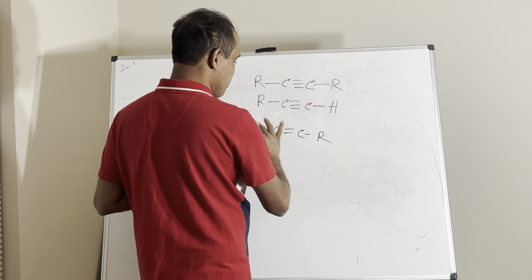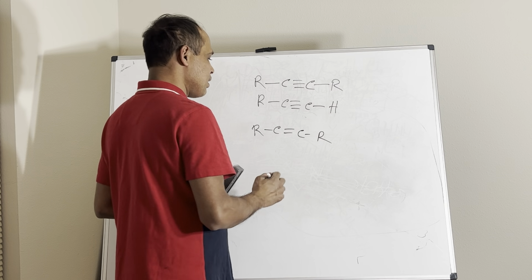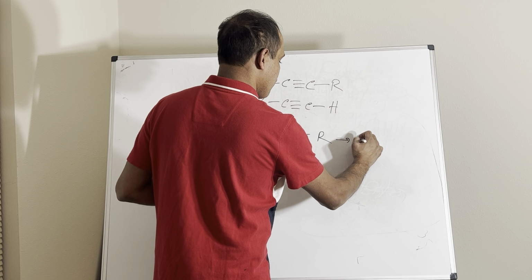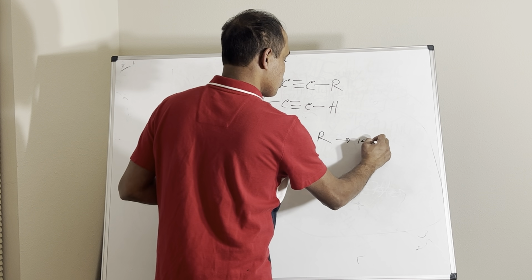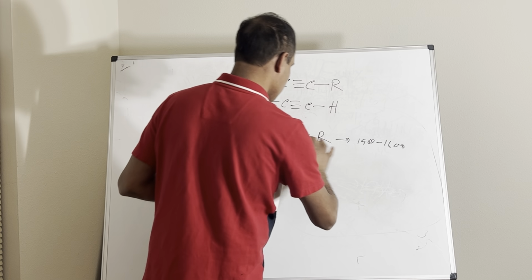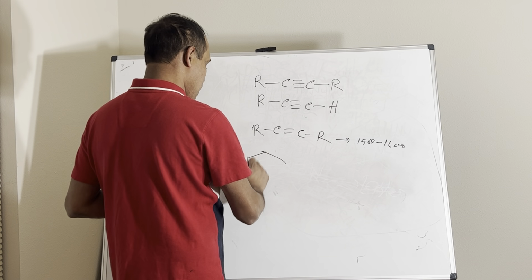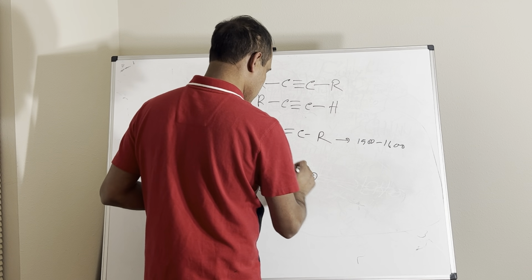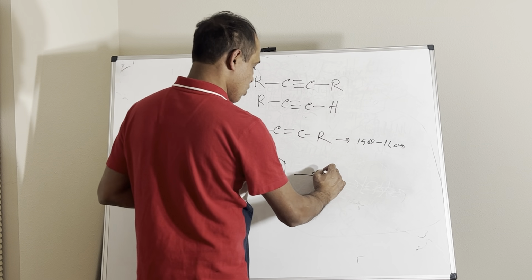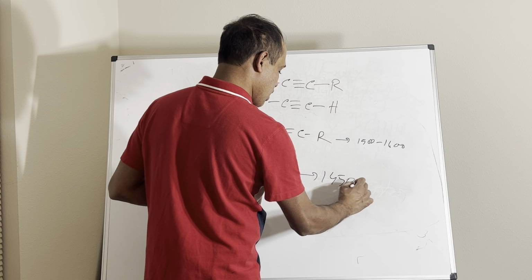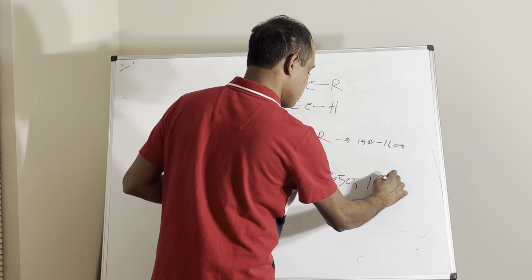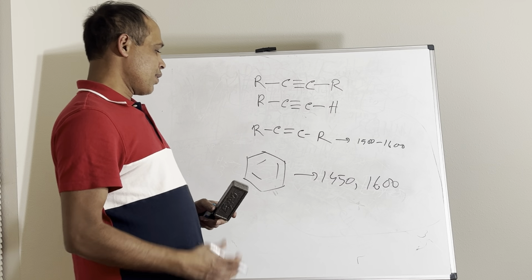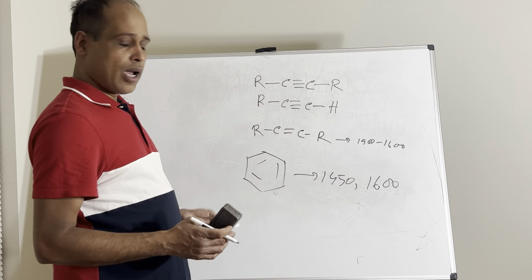A double bond means the alkene, so the peak should be around 1500 to 1600. If you see a band there, it is a double bond. But if you have an aromatic or benzene ring, you'll see one around 1550 and another around 1600. This band will show you the aromatic ring.